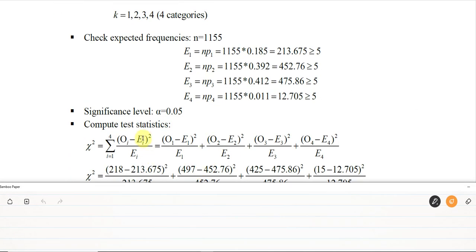And you see that this is the formula. We have 4 calories, so I goes from 1 up to 4, and we can expand the summation into 4 terms: O1 minus E1 over E1, and then we increase to 2 and 3 and 4 and so on.